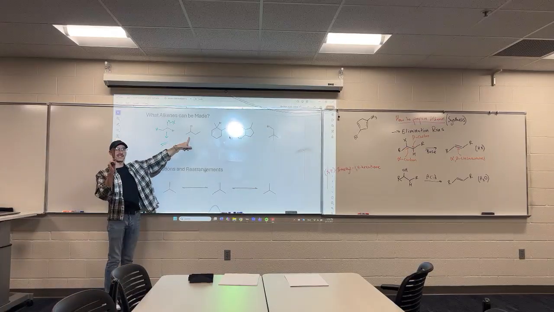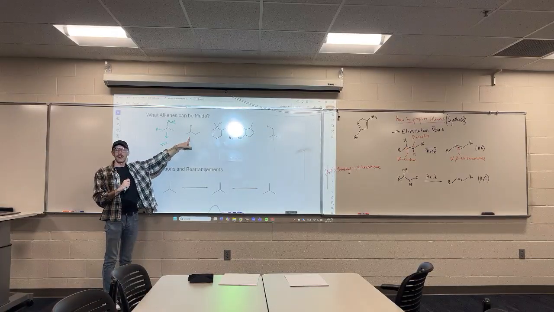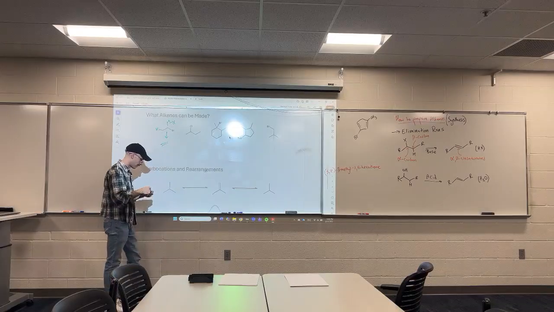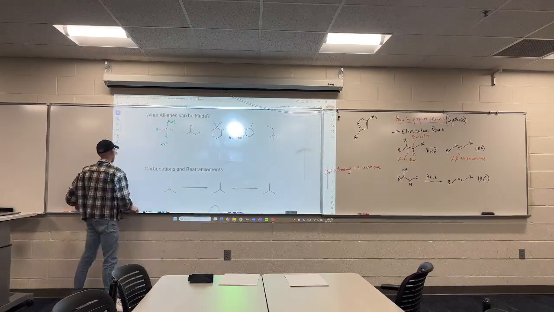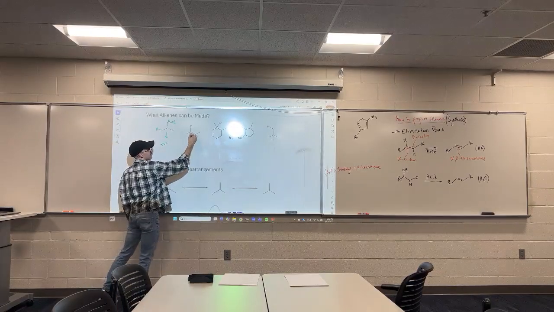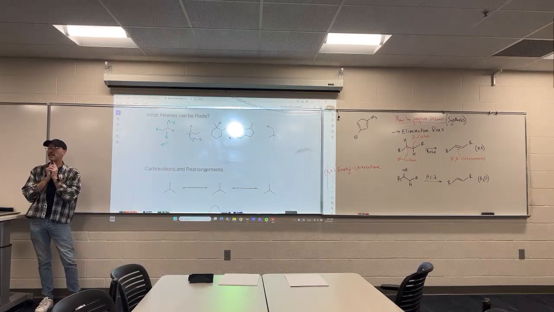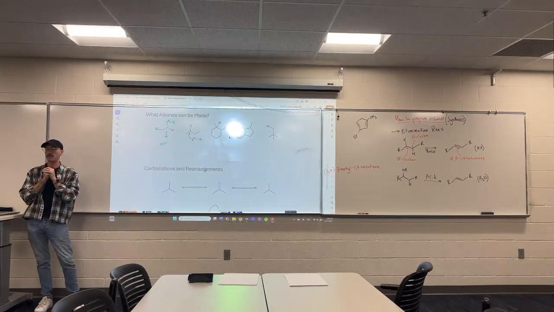What about here? What is the degree of substitution of my alpha carbon? It's now secondary. I'll do this in a different color. How many beta positions are there?